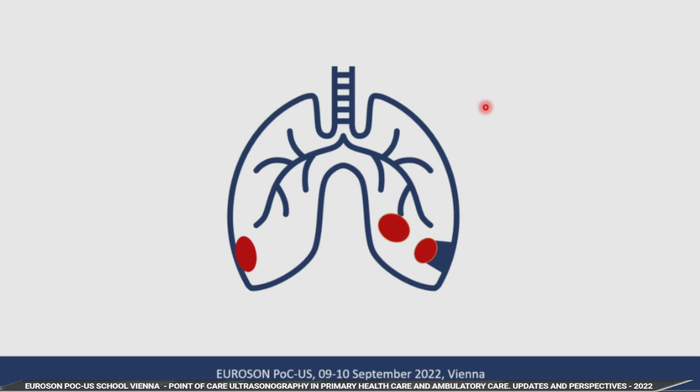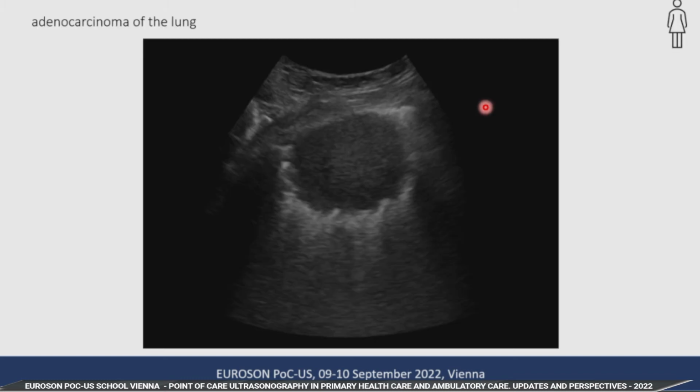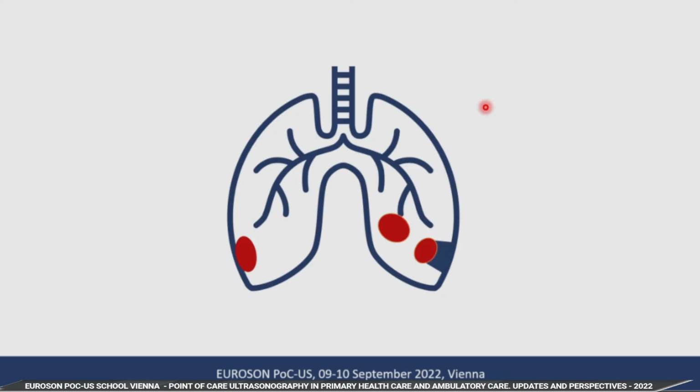An absolutely normal sonographic image. We can see, like in the case of this adenocarcinoma, a tumor in the lung, and we might see, as in this case, B lines when the tumor is not exactly connected to the chest wall, but is changing the lung between lesions at the wall.